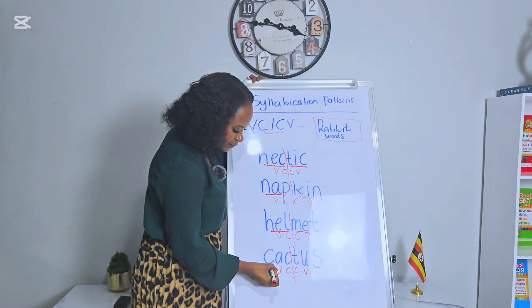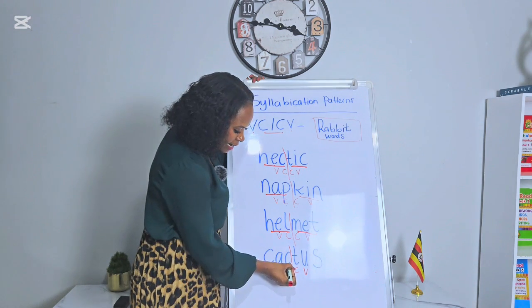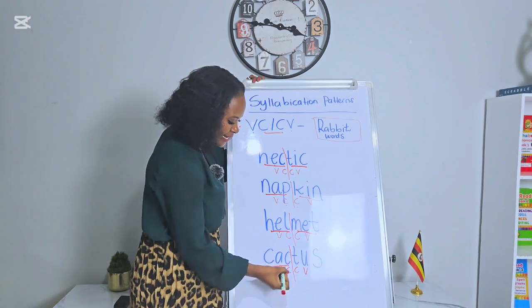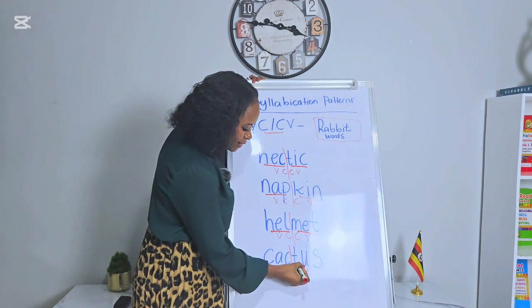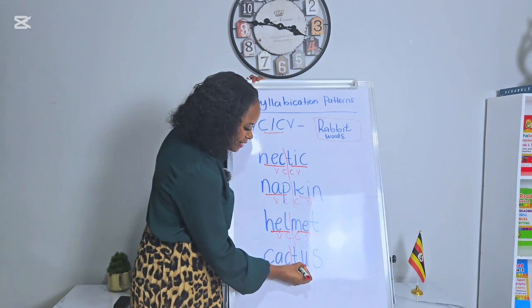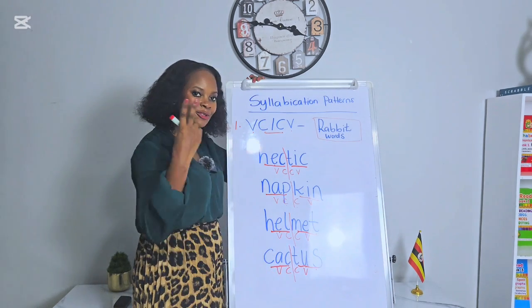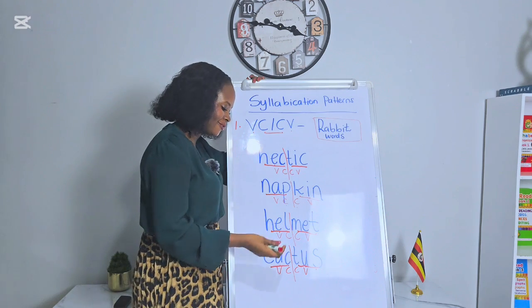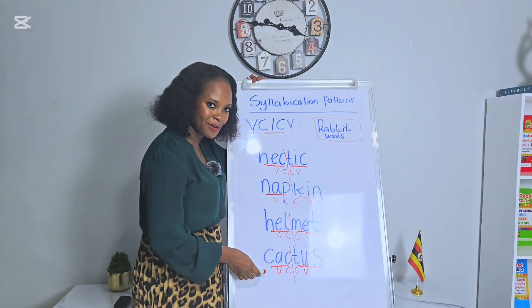Sounding out. K, a, k. Blend, cac. All right, let's do the next one. T, u, s. Blend, tus. We have two parts, two smaller parts, which are easier to read and easier to write. Okay, first part, read it for me.